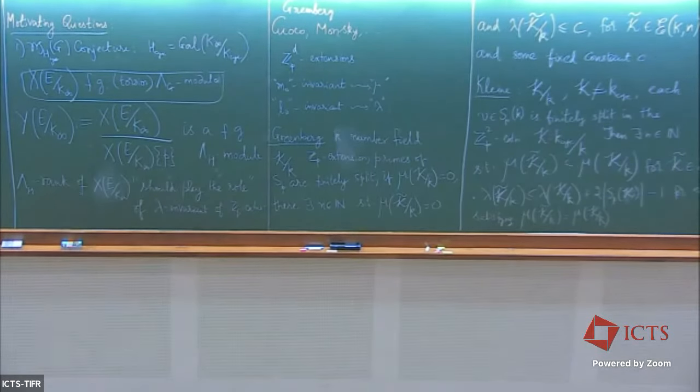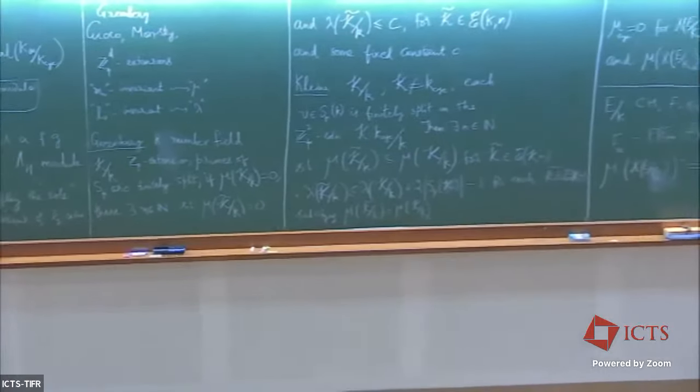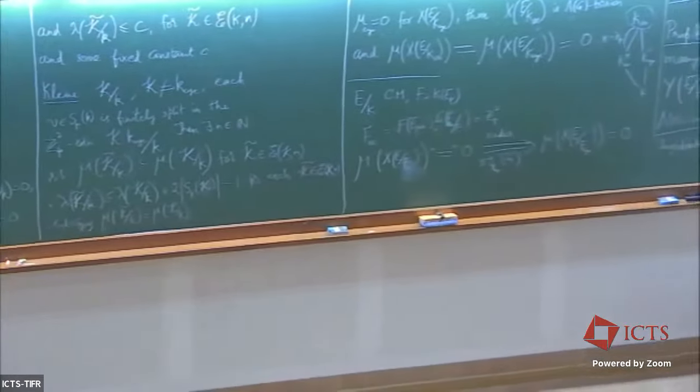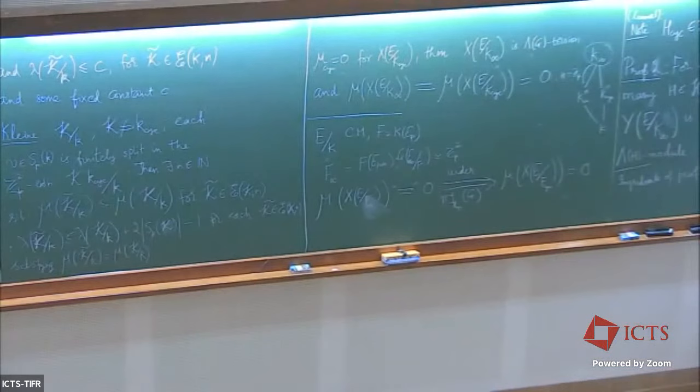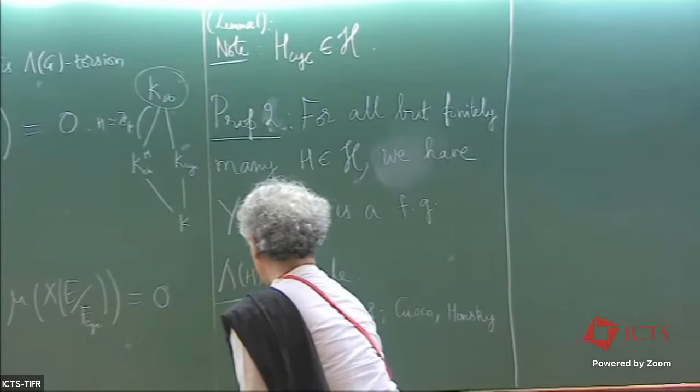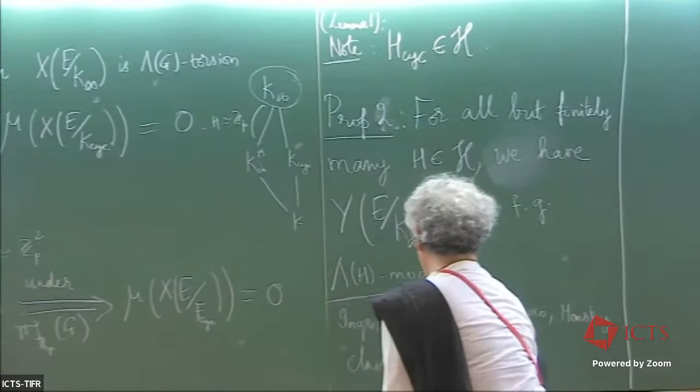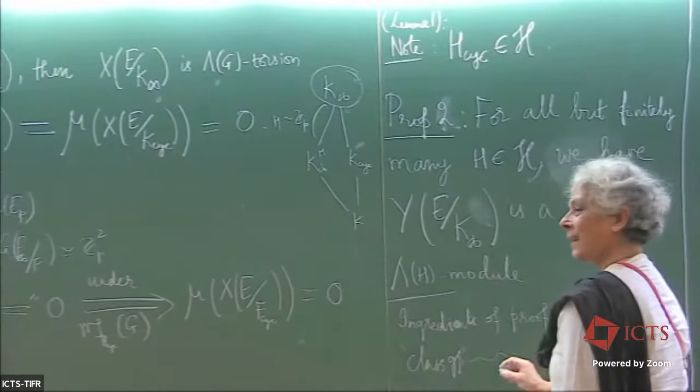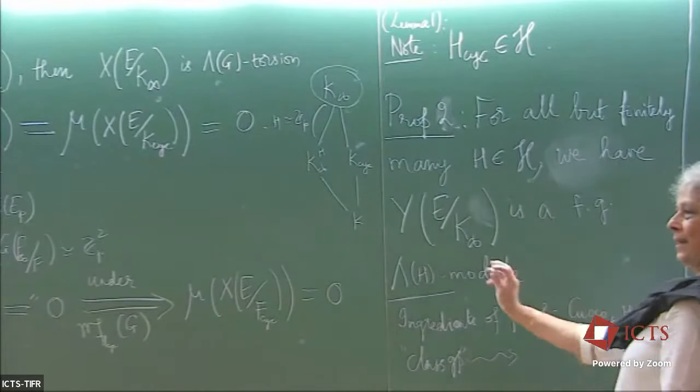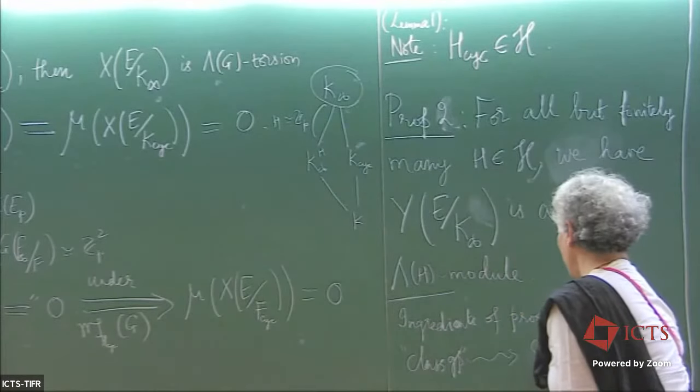And now I don't have much time. So let me just say ingredients of proof. So you use Kutzko, Monsky, what they do for the class group, and try to imitate, follow your nose, as somebody said, and see how much of it can be transferred to Selmer groups.